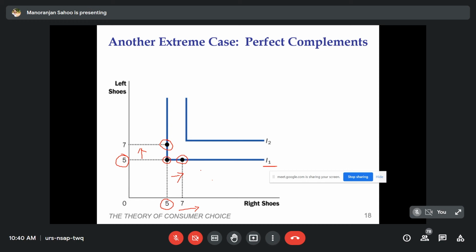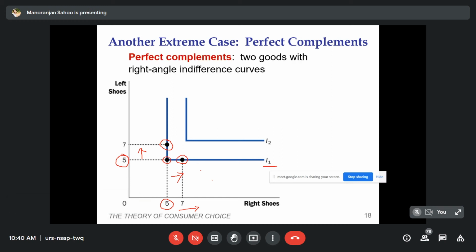If these three combinations are giving the consumer the same satisfaction, that means these 3 points will be upon the same indifference curve. That means how will the indifference curve look? The indifference curve will look like right angles in the case of perfectly complementary goods.